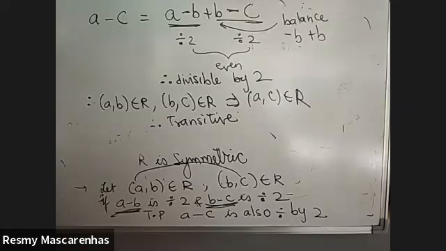Okay, then one more we will do, you will understand it better, that is divisible by 5. Same as we have done for divisible by 2, we have to repeat for divisible by 5.